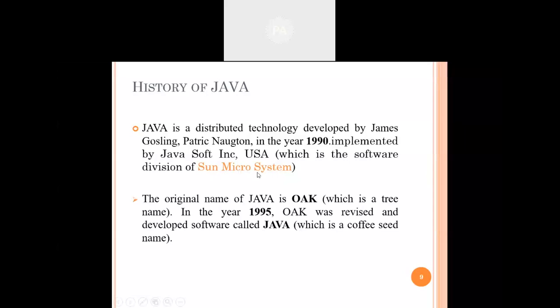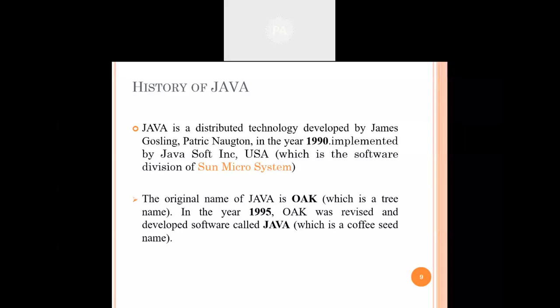Totally, Java is right now under Oracle. So all the versions after JDK 1.8 were developed by Oracle. Right now JDK 17 is there, and 17 and 18 are also running. Earlier it was 1.4, 1.5, 1.6, 1.7, 1.8, and later on, after 1.8, they directly developed JDK 8, 9, 10, 11, 12, many different versions.